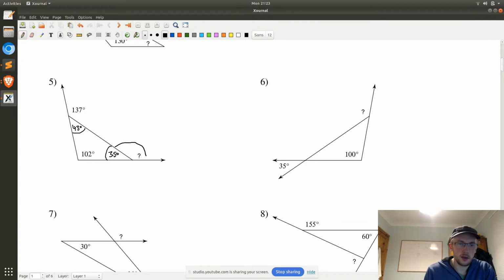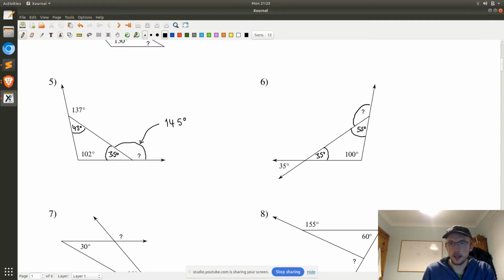And so the angle here must be 180 minus 35, which is 145 degrees. These are vertically opposite angles, and so this must be 35 degrees. This angle here complements that angle there, and so it must be 55 degrees.